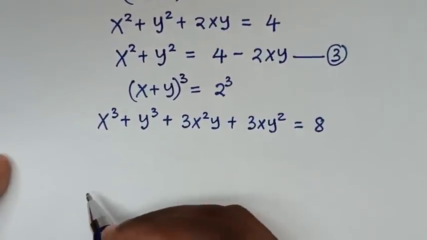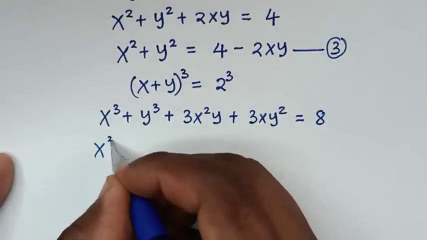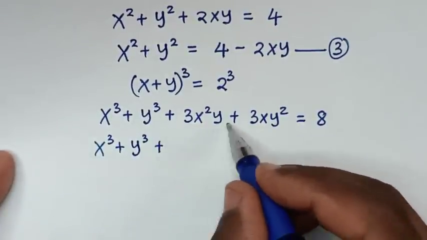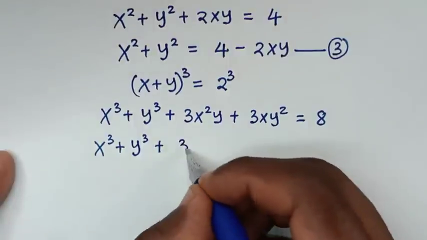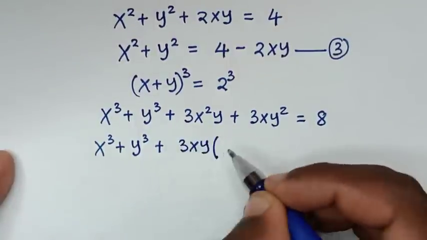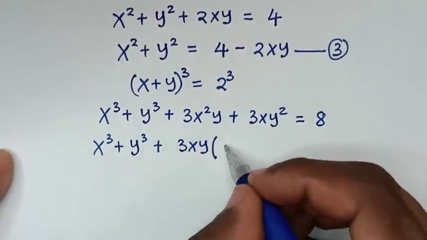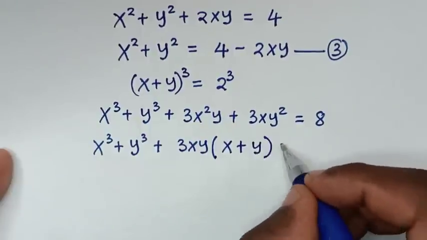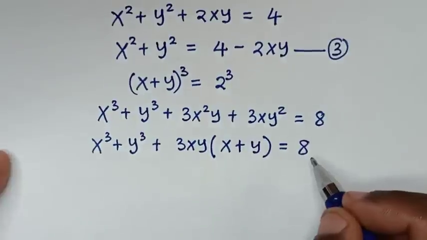Then in the next step, x power 3 plus y power 3 plus, here 3xy is common, so we take 3xy out of the bracket. This divided by this is x plus this divided by this is y, bracket is equal to 8.